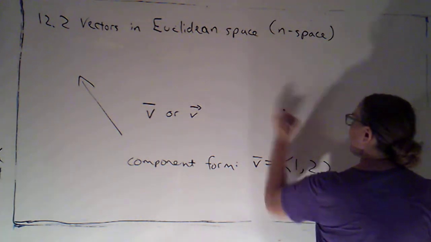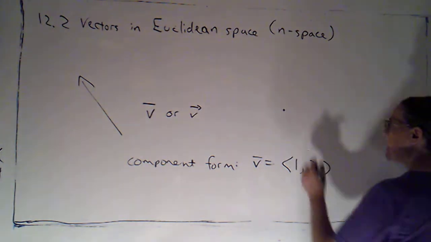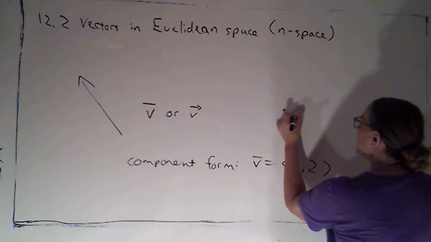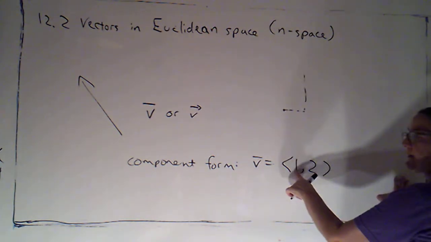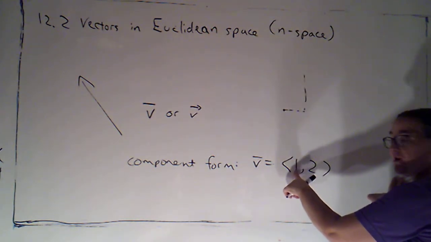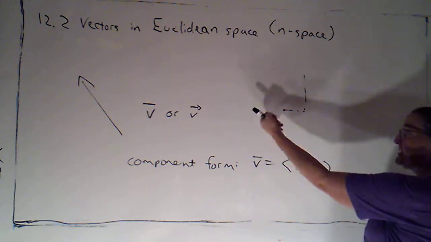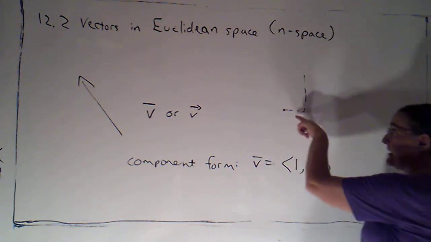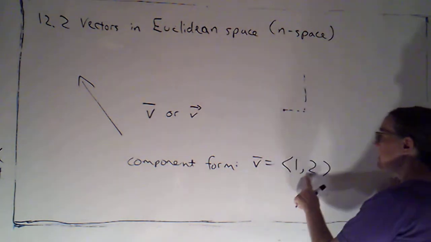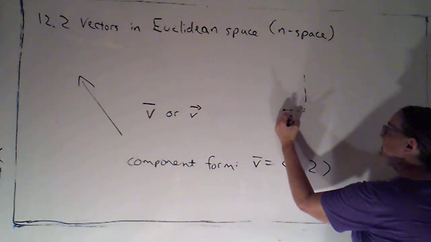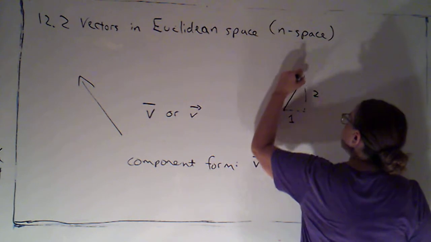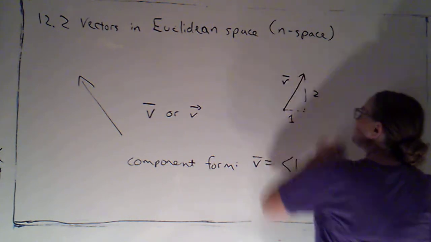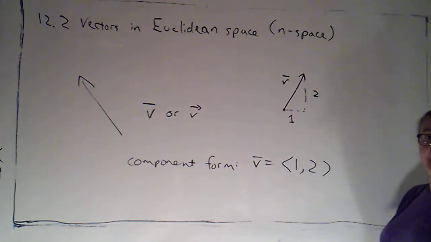So if I wanted to put my vector here, I would go 1 over and 2 up. This tells me how far to go horizontally, and the positive direction is to the right. If it was a negative 1, I would have gone 1 to the left. This tells me how far to go vertically, and the positive direction is up and the negative direction is down. So that would be my vector v right there.